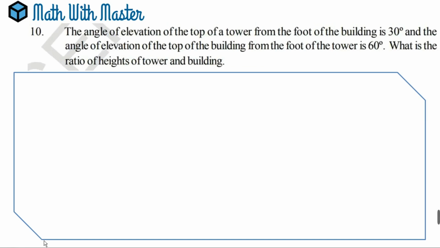So in this question what we have to do is, first we have to draw a diagram of a building over here and a diagram of tower, and the angle of elevation of the top of a tower from the foot of the building is, just I will make a big drawing so it will be visible.